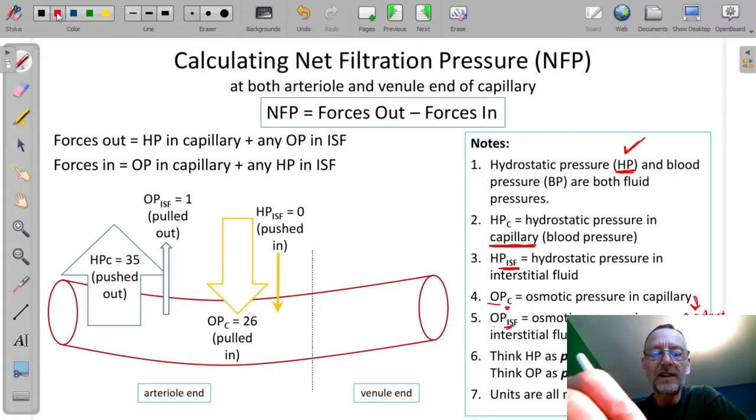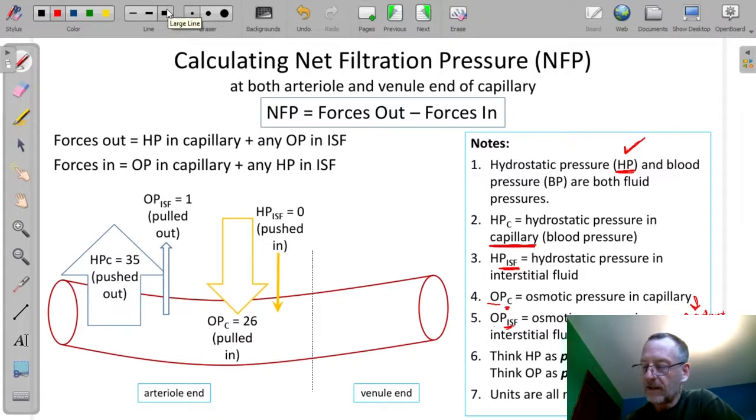So I think that it's helpful to initially think of blood pressure or hydrostatic pressure as pushing and osmotic pressure as pulling. And the units are all millimeters of mercury, whether we write them or not. But if I ask you to calculate a net filtration pressure, your units should be millimeters of mercury. So let's run through this.